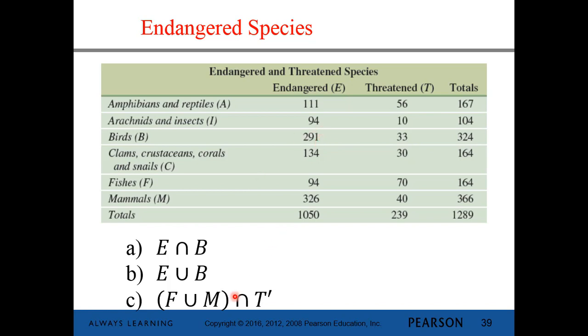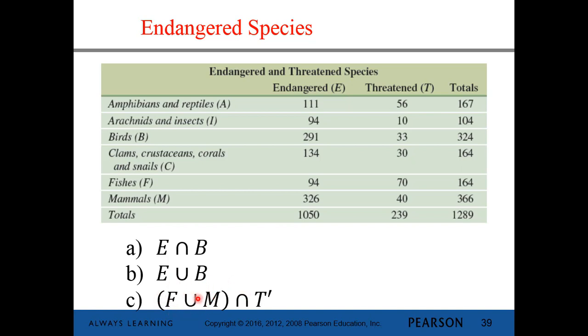And so we know that there are 1,083 distinct species that are in either this one or both.